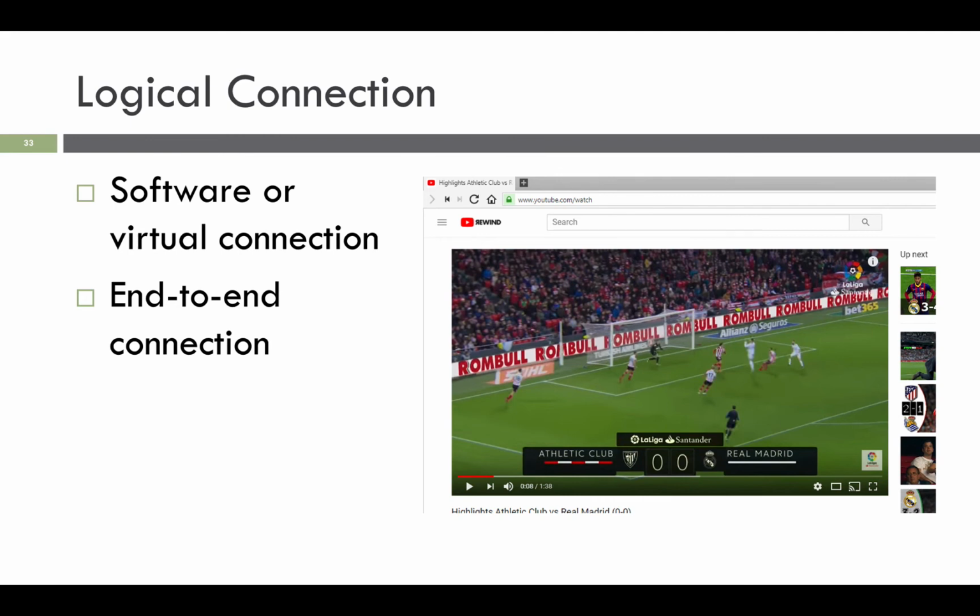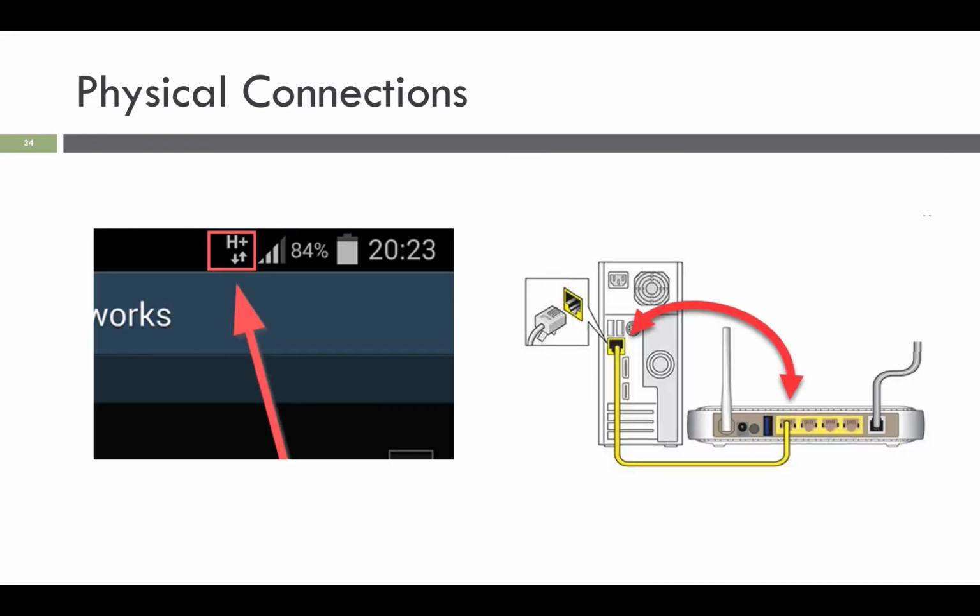Examples of logical connections are when you type a URL in the web browser and the page displays, or you're streaming a video on YouTube. An example of a physical connection is connecting your phone to a network using 3G or Wi-Fi.